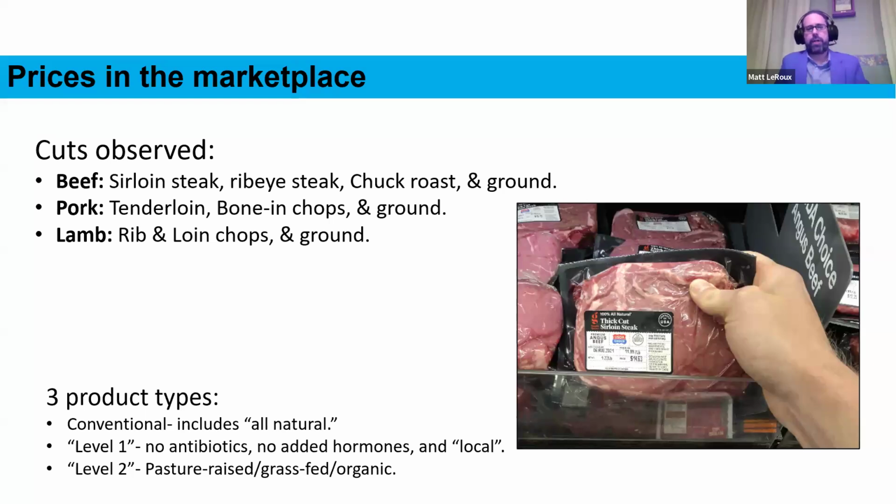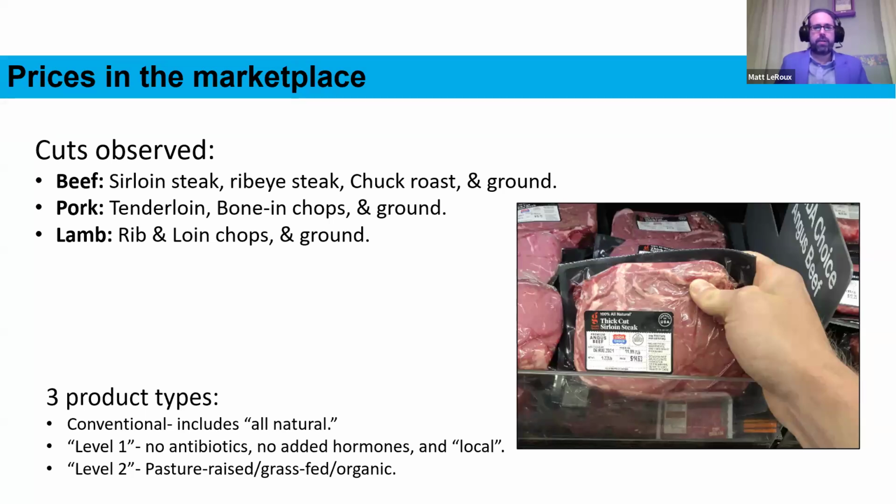This was any product that said no added antibiotics, no added hormones, or any meat that was being sold as local. So all farm products at farmers markets and farm stores were automatically entered into level one, even if they had no label claims, because they were being sold as local. And then level two meant further differentiated from conventional. Here we had anything that said pasture raised, grass fed, meaning 100% grass fed claims, or certified organic.